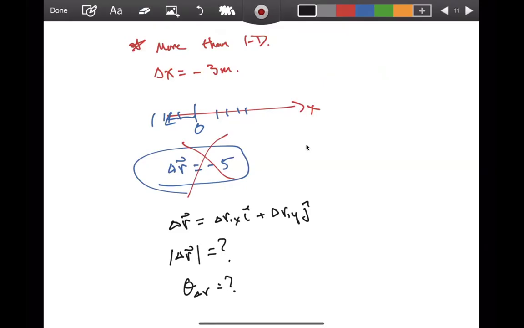So in this case, putting simply a negative sign doesn't really tell me anything. So I have to have a magnitude and a direction, or I have to put it in unit vector notation to then designate what direction it's actually moving in.